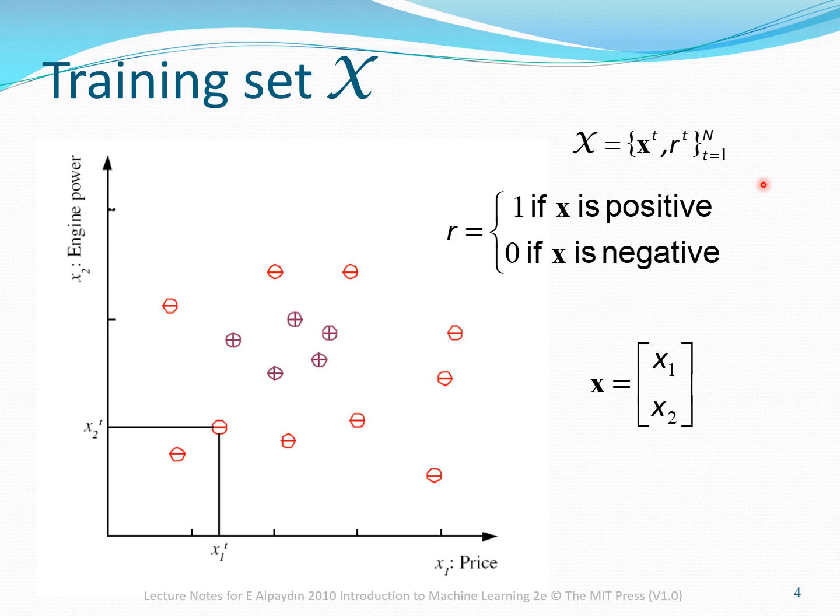Our training data can now be plotted in the two-dimensional x1 and x2 space where each instance t is a data point at the coordinates x1^t, x2^t, and its type, namely positive versus negative, is given by r^t.